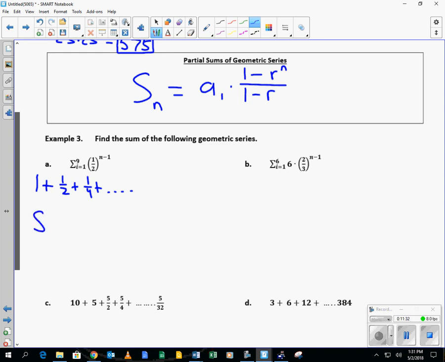This is the sum of how many terms do we have? 9 is equal to, what's the first term? So I don't need it, times 1 minus, what is r? What are you multiplying by every time? Does everybody understand that this is r right here?